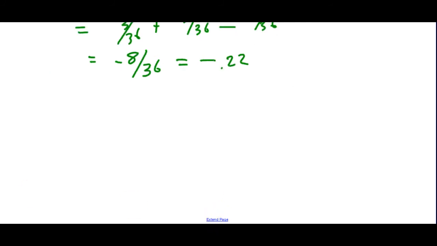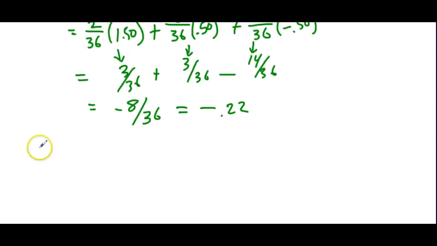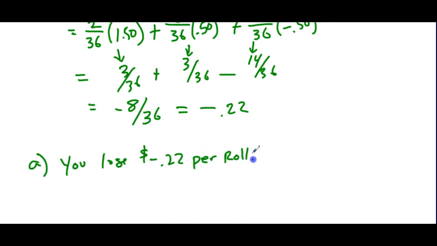So, is this game worth playing? For A, you lose 22 cents. So let me put negative 0.22 per roll on average, so you lose that every roll. If you were to roll this 100 times, how much would you win?